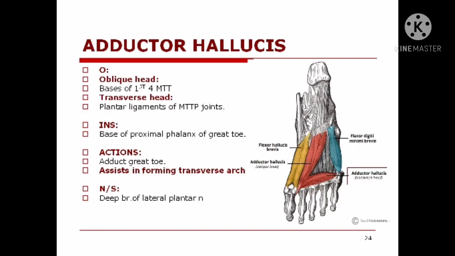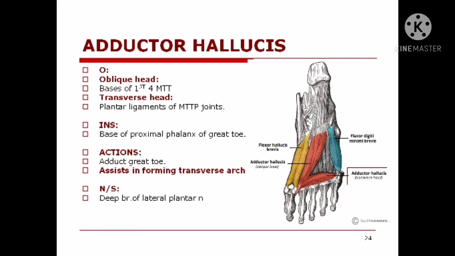The adductor hallucis muscle arises by 2 heads, the oblique head and the transverse head. The oblique head, shown in the diagram as well, arises from the bases of the first 4 metatarsal bones.